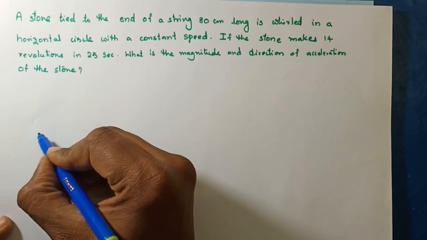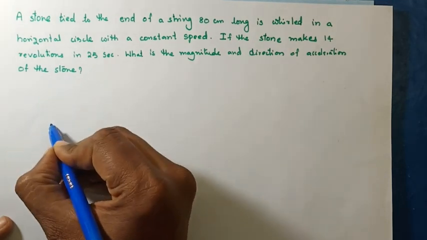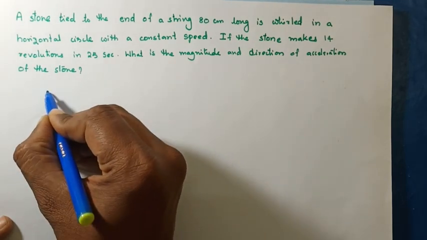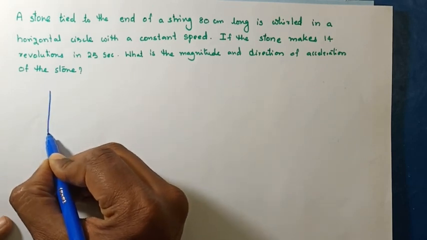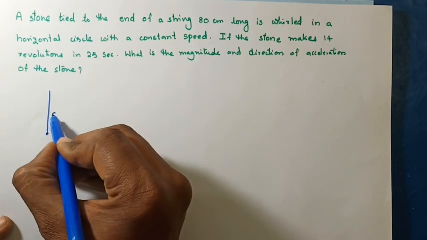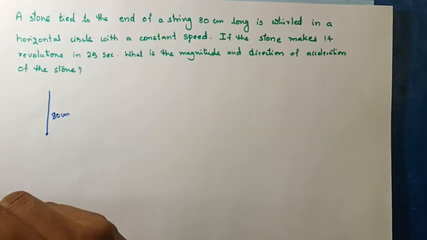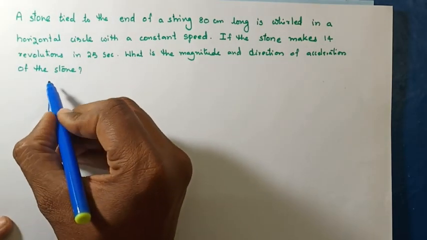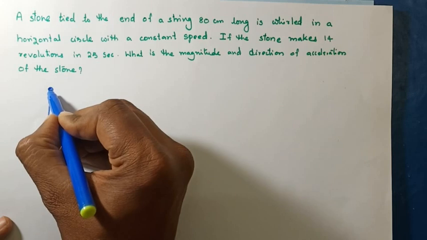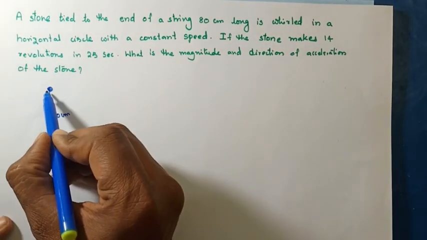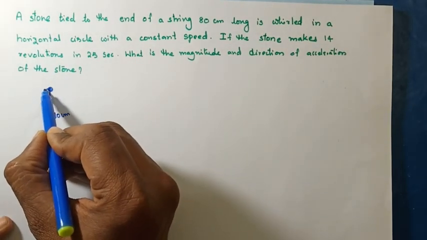A string is there with 80 centimeter length, and a small stone is tied to it and makes a horizontal circle.